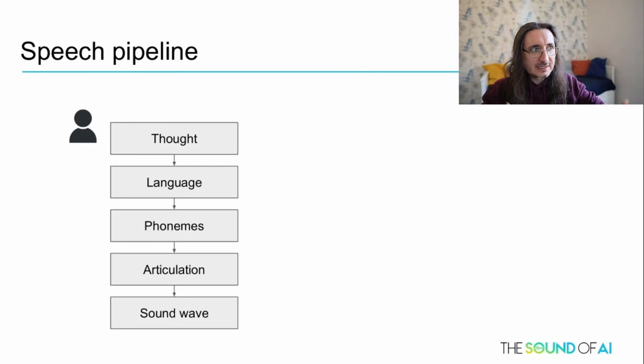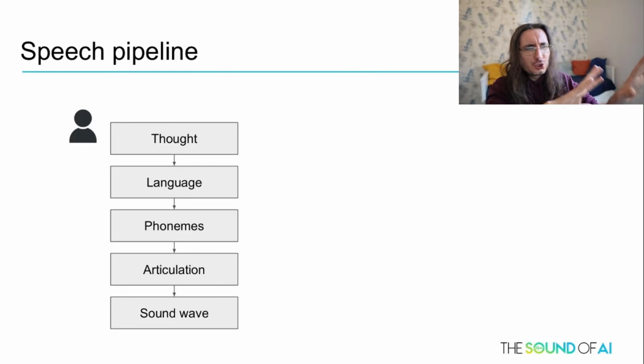Those words then get into phonemes that we start to articulate, and we'll see what those phonemes are in a few minutes. Then we start the articulation phase, so we just utter those phonemes, those words, and the result is a sound wave that propagates through air.